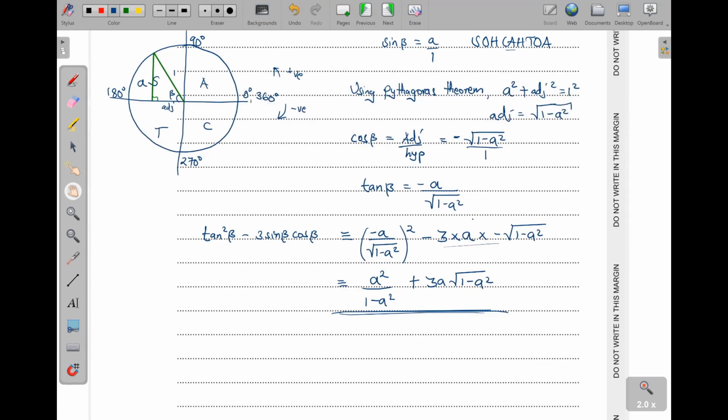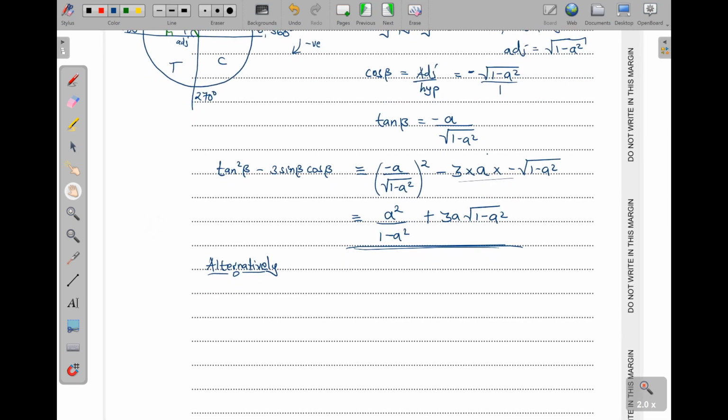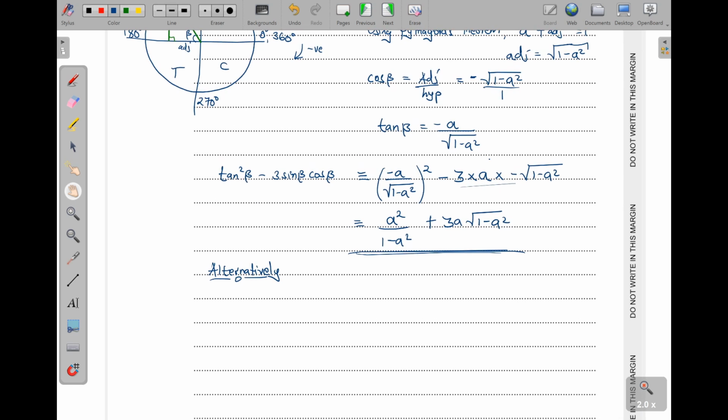Alternatively, by the way, you could find cosine of beta like this. Alternatively, we have the Pythagorean identity in trigonometry. So we have cosine squared of beta is going to be 1 minus the sine squared of beta.